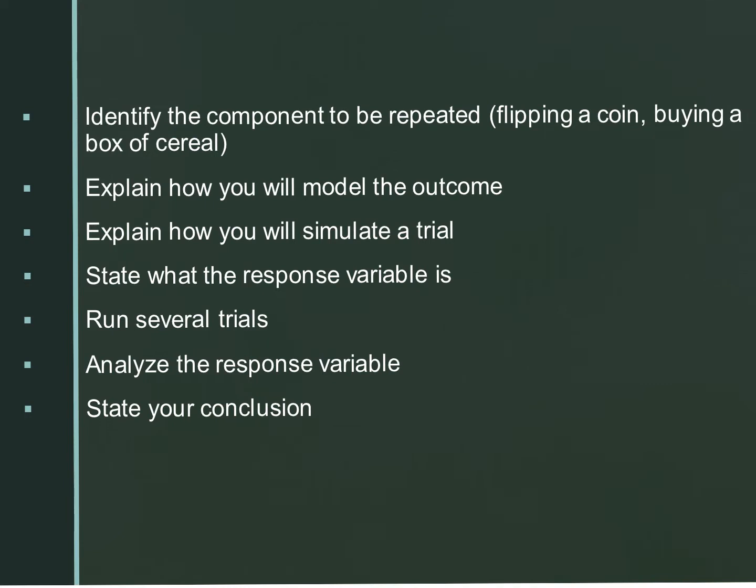The next thing we'll do is explain how we model the outcome, and then explain how we will simulate the trial. We normally assign digits to, right, the digits of a number. Now we might use 1 digit at a time. Maybe we're using 2-digit numbers. To be heads or tails. To be, I made the shot, I didn't make the shot.